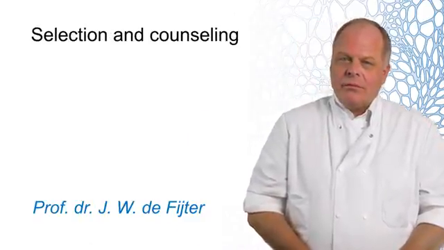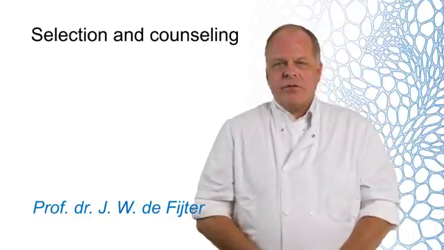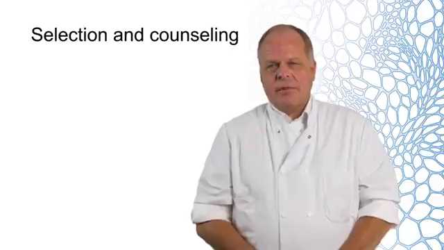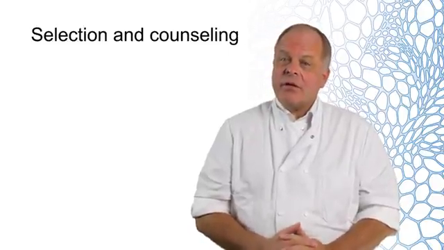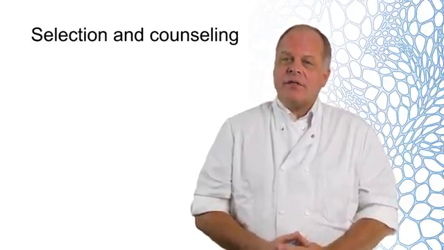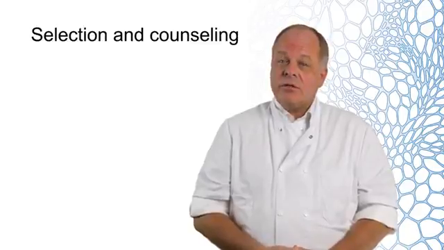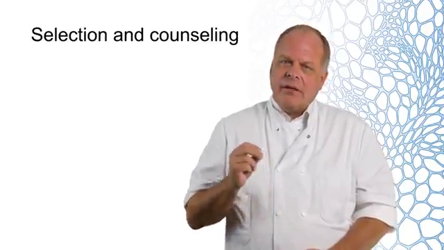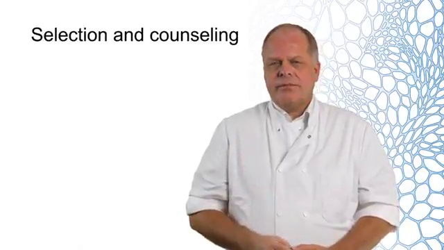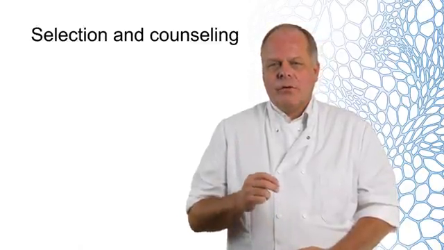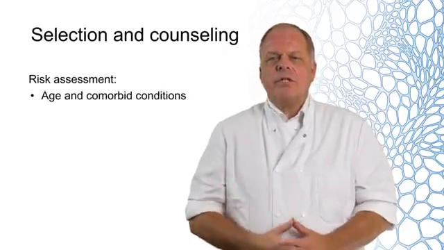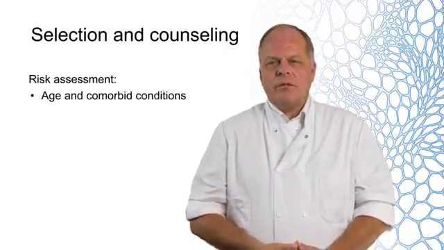Hello everyone. Let's discuss some issues related to patient selection for kidney transplantation. First, landmark studies have indeed indicated that life expectancy is better with a successful kidney transplant. This included the elderly and/or those with diabetes. For risk assessment, first the age and the comorbid conditions should be taken into account.